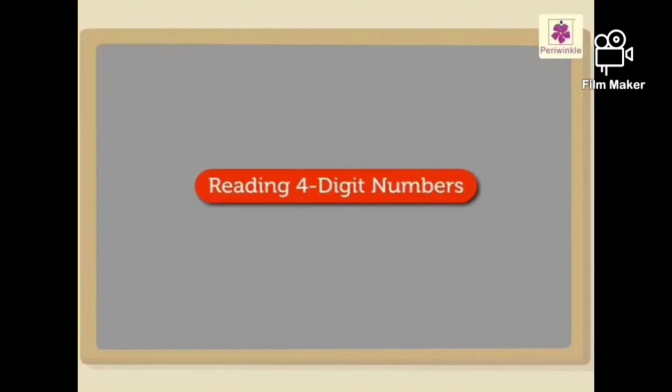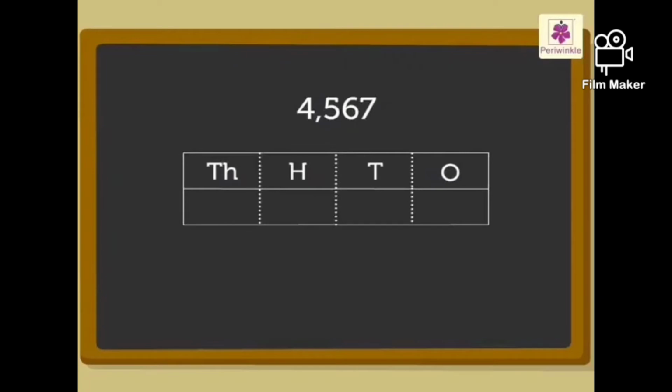Now, let us look at how to read 4-digit numbers. Look at the number 4, 5, 6, 7. Place each digit of the number in the place value chart. Now, let us read it. 4567. We will try one more example.